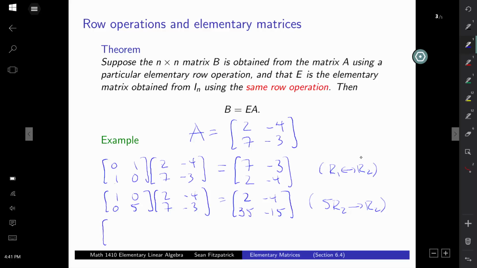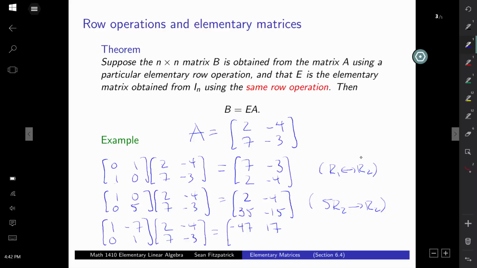And the last one we had was this guy: 1, minus 7, 0, 1, times 2, minus 4, 7, minus 3. Okay, so row 1 times column 1: 1 times 2 minus 7 times 7, 2 minus 49, gives me minus 47. 1 times minus 4 minus 7 times minus 3, so minus 4 plus 21 gives me 17.